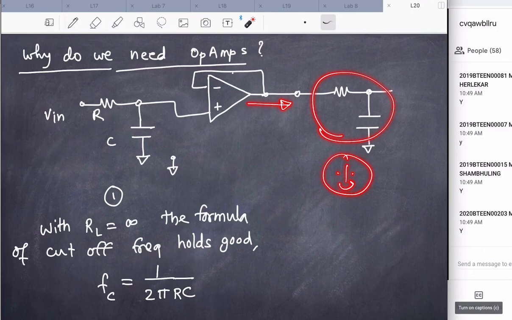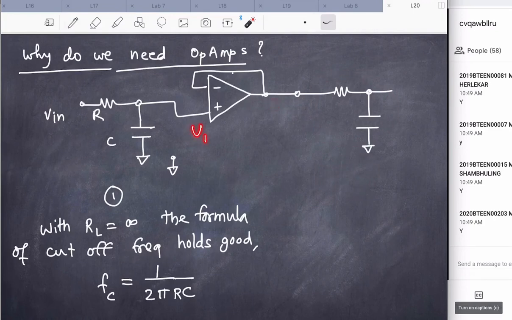But as far as voltage is concerned, this voltage V1 and this voltage V2 are equal because this is a unity gain amplifier, and therefore, it is as good as connected like this. Are you understanding?